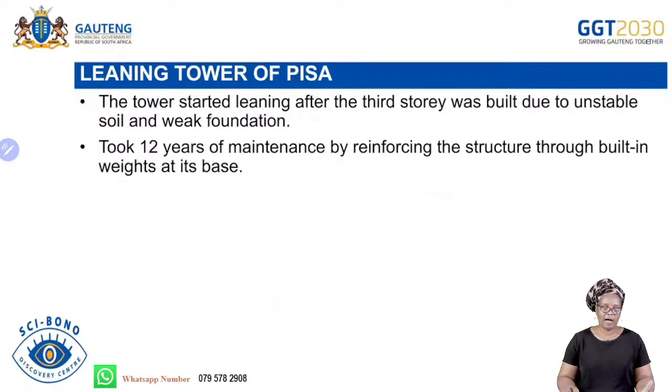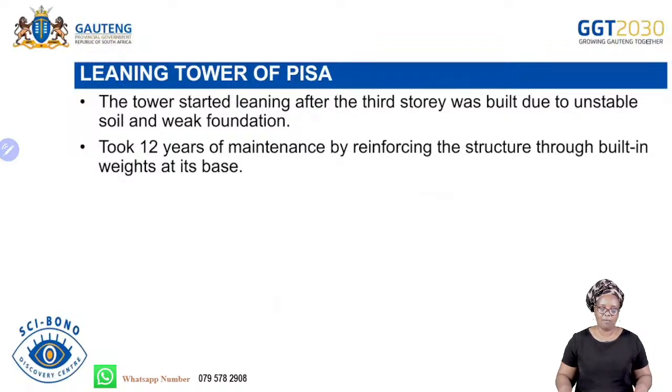Let's look at why this tower started to lean, to tilt to each side. The constructors started the construction well. Everything was fine. It was the mistake of not checking the ground soil.